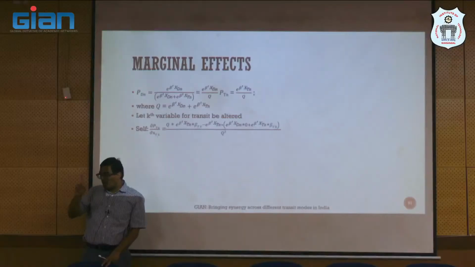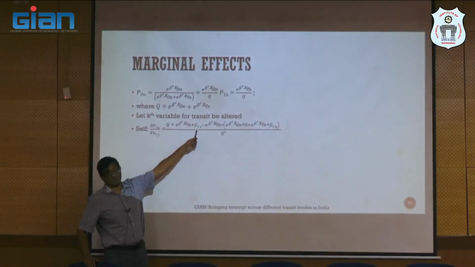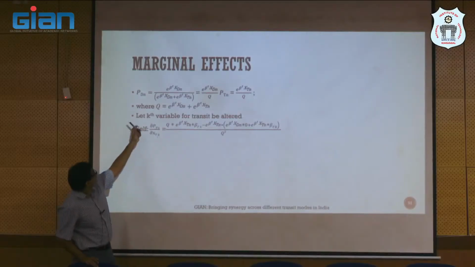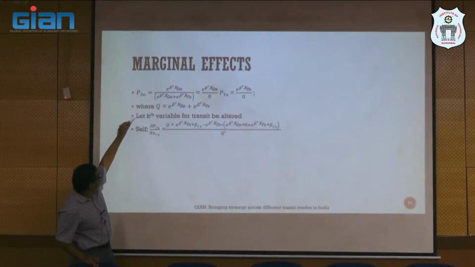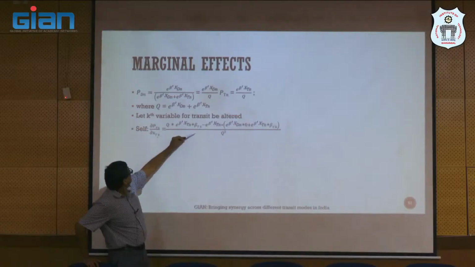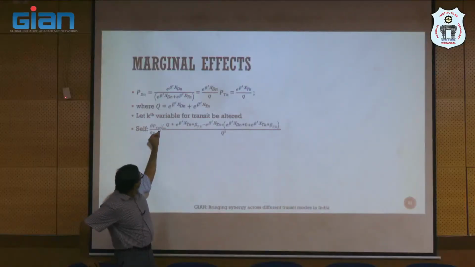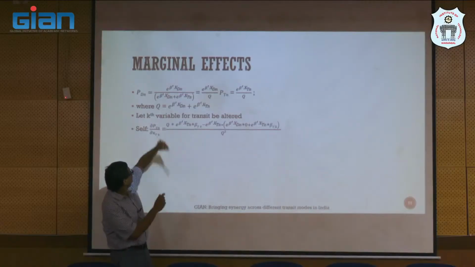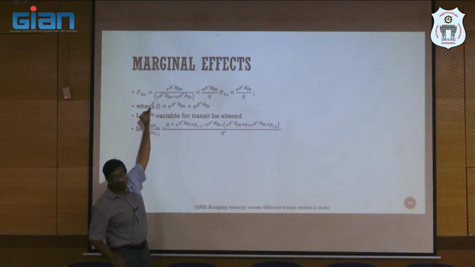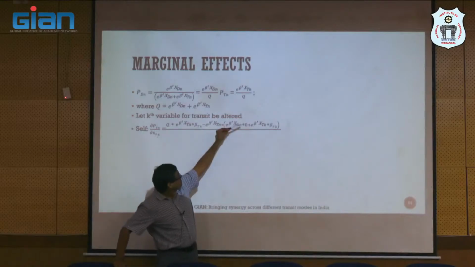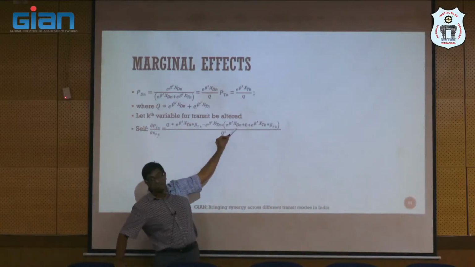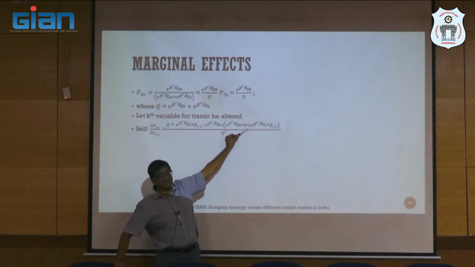I'm only changing one x out of the set of elements, so only beta comes here. So I'm doing it as a cross elasticity, where the kth variable for transit is altered. Then minus this times the derivative of Q. That will come because transit is changing, nothing will happen to the x's in that.